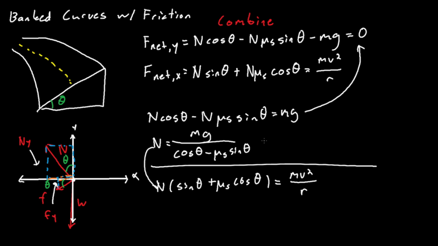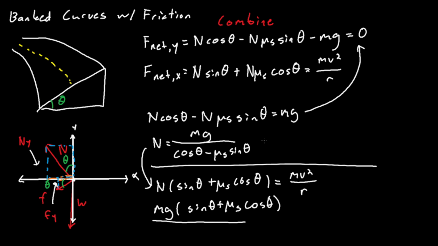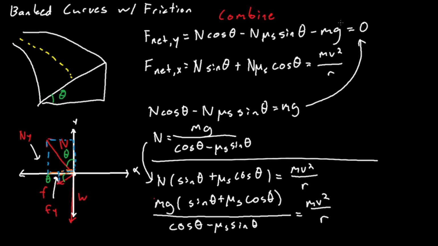So we can substitute n into this equation here, and then we will get mg times sine of theta plus coefficient times the cosine of theta, all over cosine theta minus mu sine theta. And this is equal to our centripetal force. So what we can do, as always, is that mass usually cancels out in a lot of physics formulas.